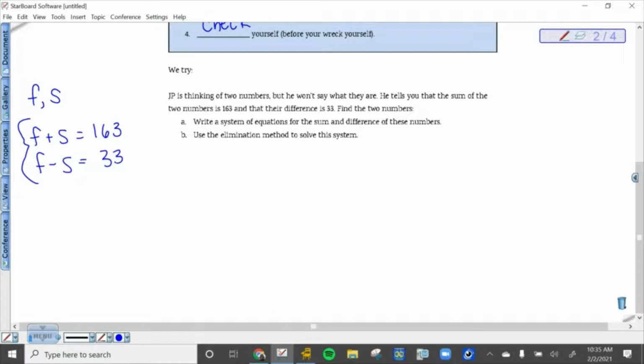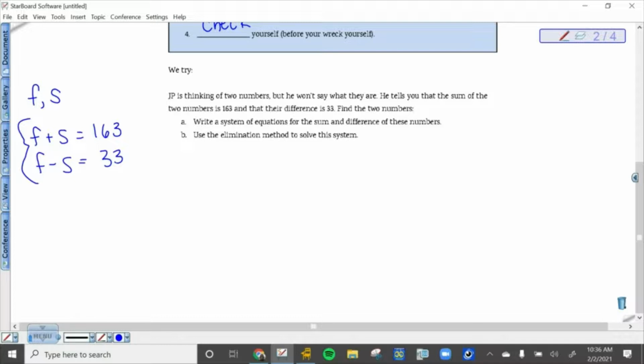What's the coefficient set of S? 1 and negative 1. That means that for one of our variables, the coefficients are additive inverses, right? So if I added S plus negative S, what would I get? 0. So that eliminates one of my variables. Okay, so let's do that.